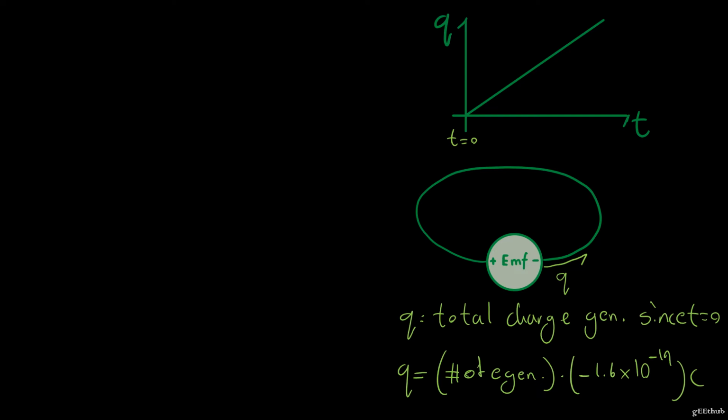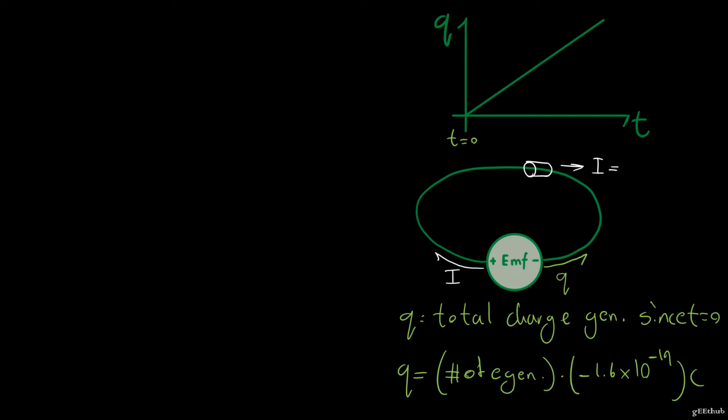Why do I say constant rate? Because it's a linear graph, it's increasing linearly. So I also know that I'm going to have a current going in the opposite direction of my electrons. So I'm going to place an ammeter again, and I want to know my current.